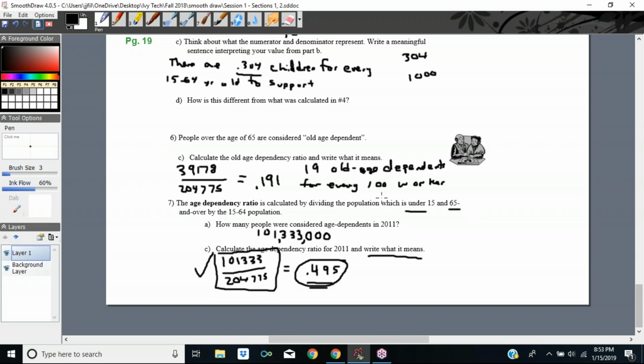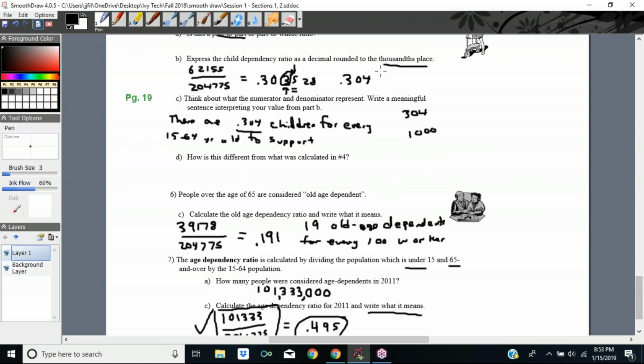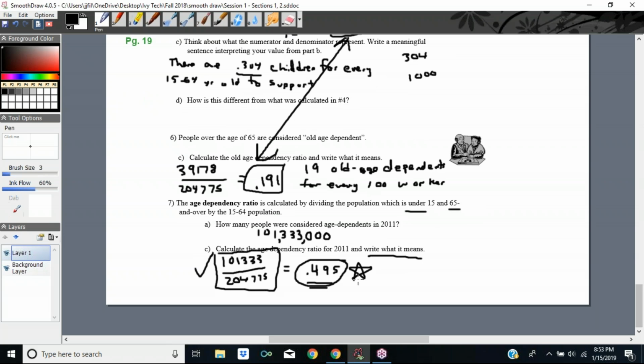Awesome, Kendra. If you take a look at the 2 age dependency ratios we already found, the child dependency ratio and the old age dependency ratio, and if you add those up, it gives us the age dependency ratio. So we can either add the numbers first and divide by the middle group, or we could find the two ratios and add them up.